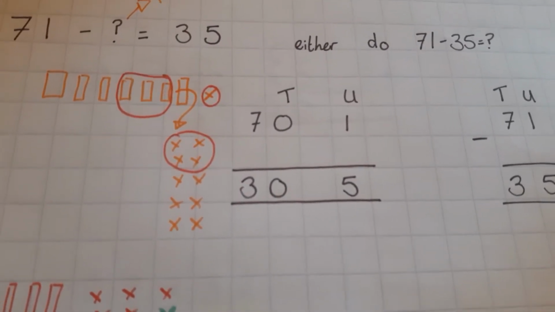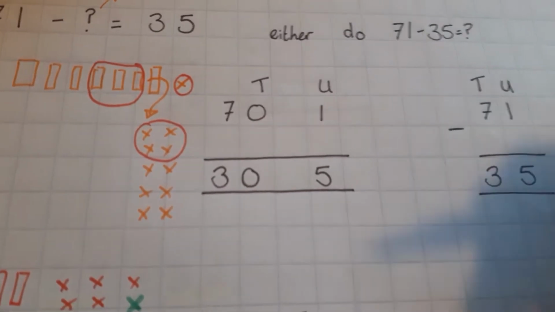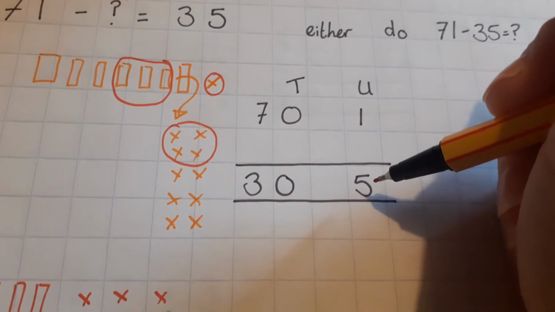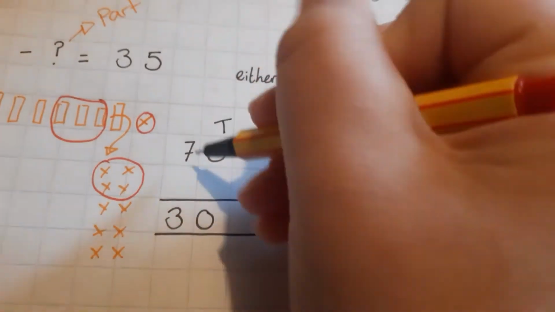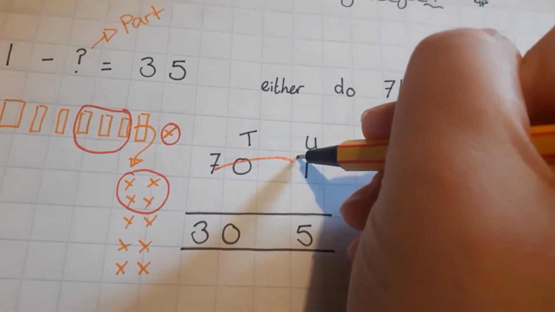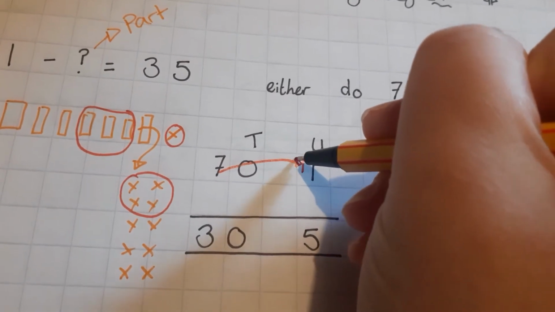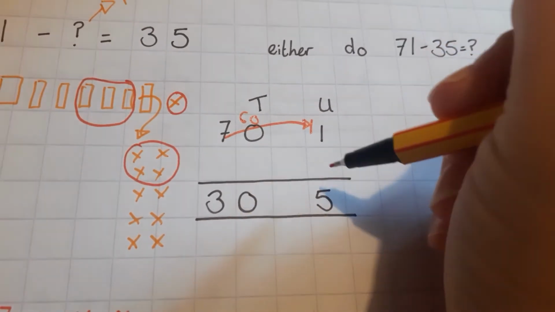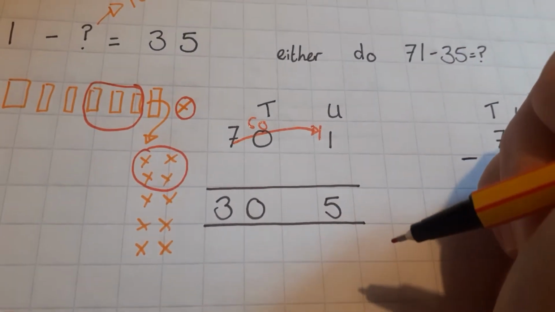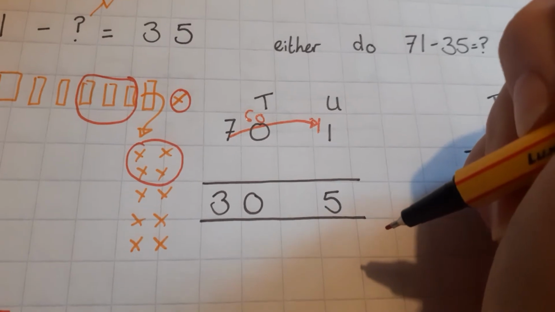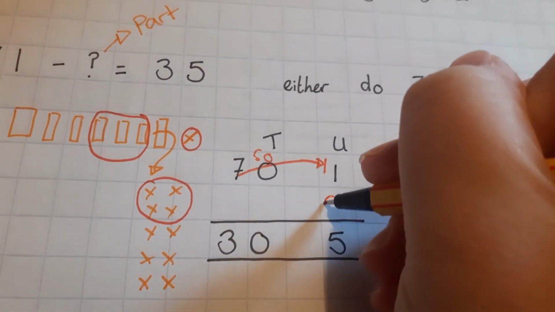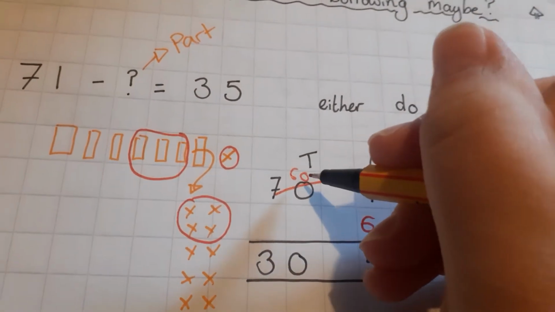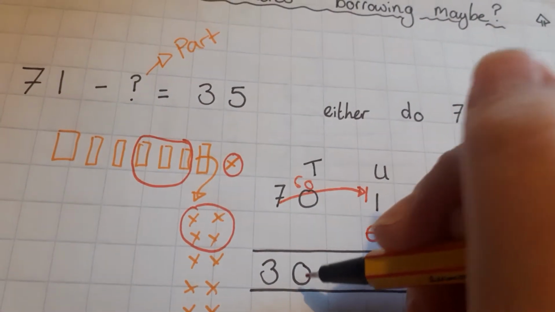Now over here, we've got the same setup, but we've got it in our expanded columns. 1 take away something equals 5. Well, that's not going to be right, is it? It must have been 11 take away something equals 5, so it must have really been a 60 over here. 11 take away 5 is 6, so 11 take away 6 equals 5. 60 take away something equals 30.